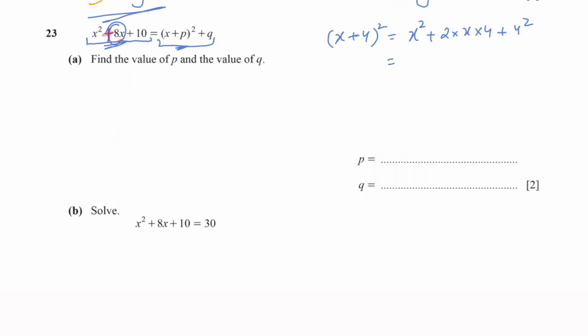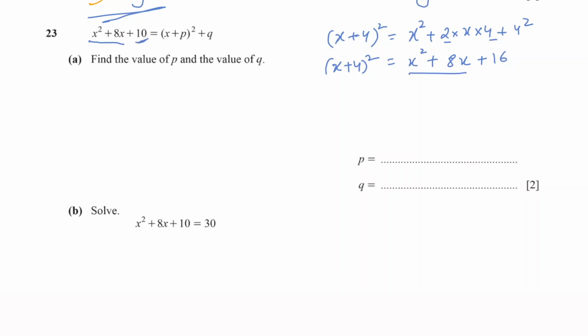So if I solve this, it gives you x square plus 8x, 4 times 2 is 8, plus 4 square, which is 16. So x plus 4 whole square is equal to x square plus 8x plus 16. Okay, so now you have to think about this question. In this, x square plus 8x is available, right?